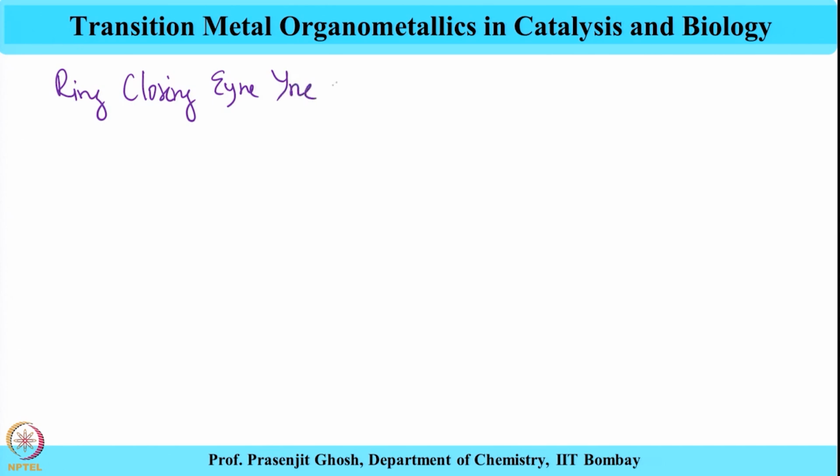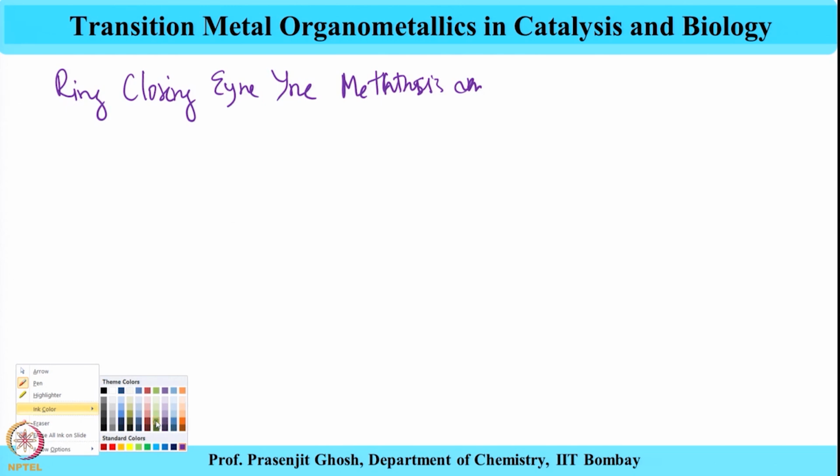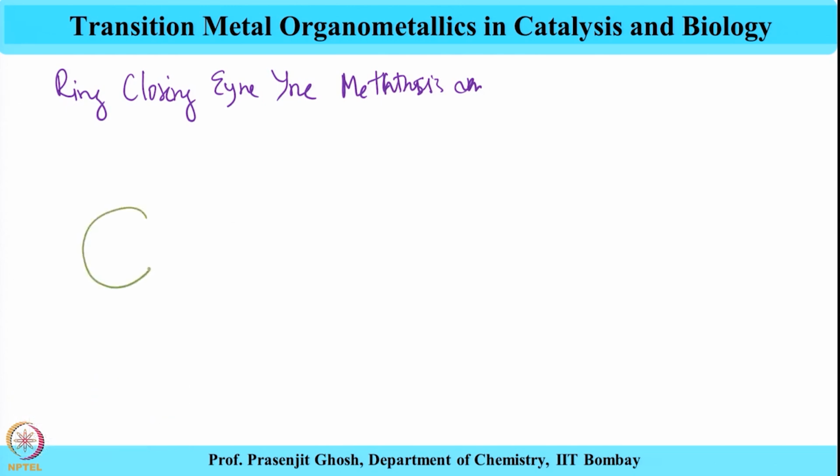In enyne metathesis reactions, we have worked out some examples, and this in short can be represented by a substrate having an alkyne as well as an olefin, and this in presence of the catalyst, which is a metal carbene species.